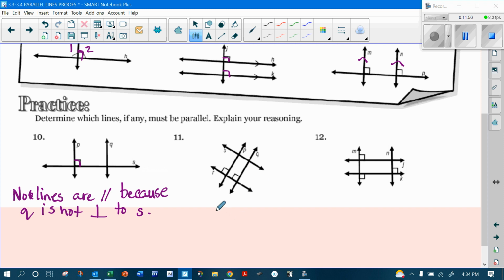I know that this line right here is parallel to this line because these two angles are 90.